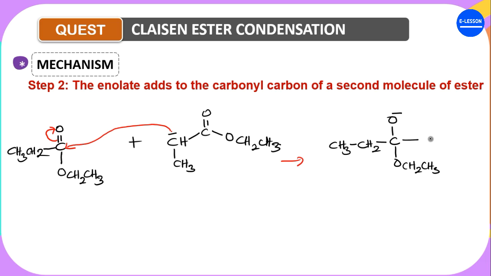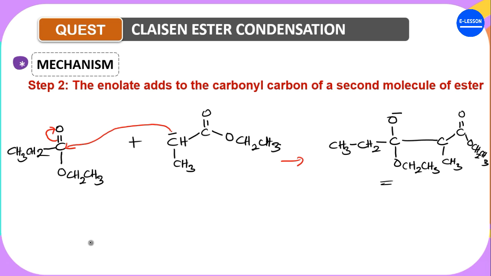Then we have the linkage, C. Here we have CH3, and then here we have C double bond O and O, CH2, CH3. So this is the product now.